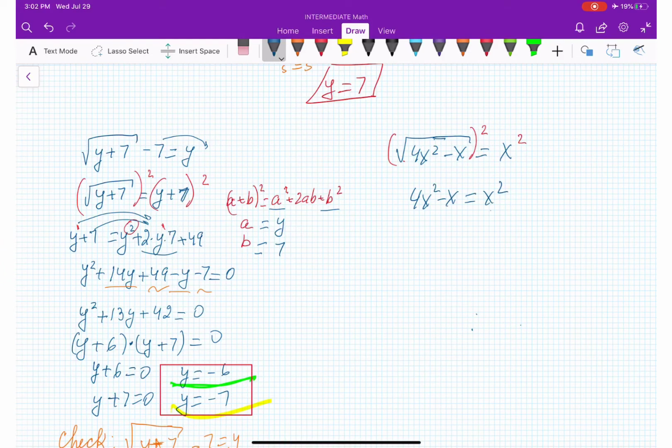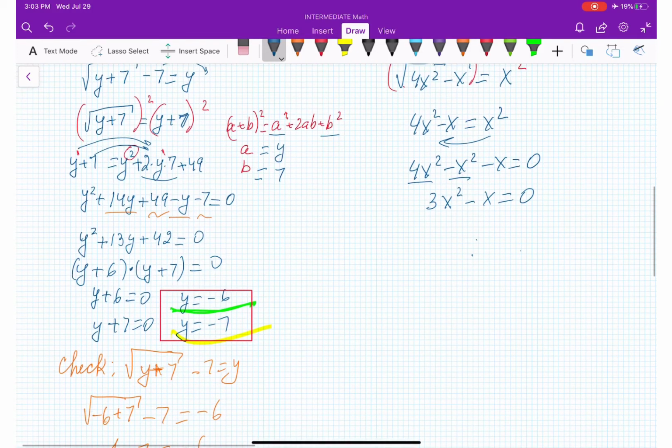If I move this x squared on this side, I'm getting 4x squared minus x squared and then minus x equals 0. So we are getting 3x squared minus x equals 0. How can we solve this one? Taking out common factor, x. X here, x here. If I take x out, I will get here 3x minus 1.